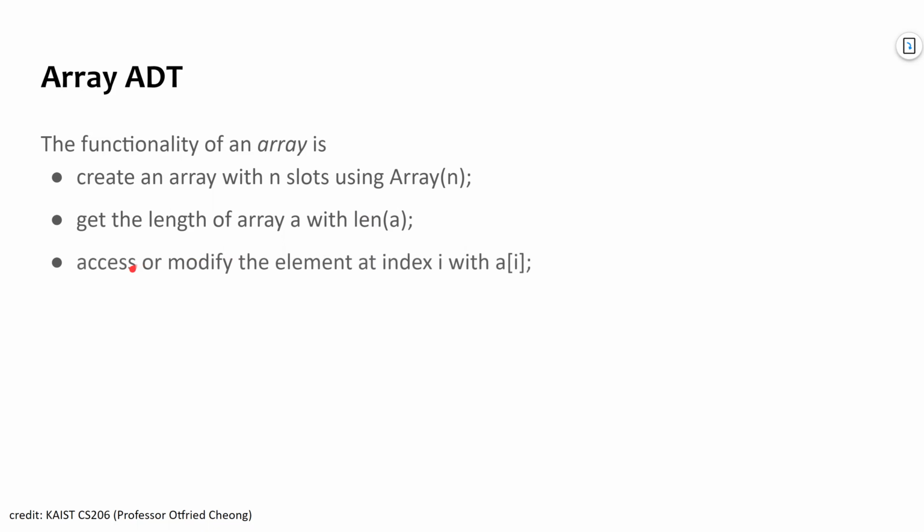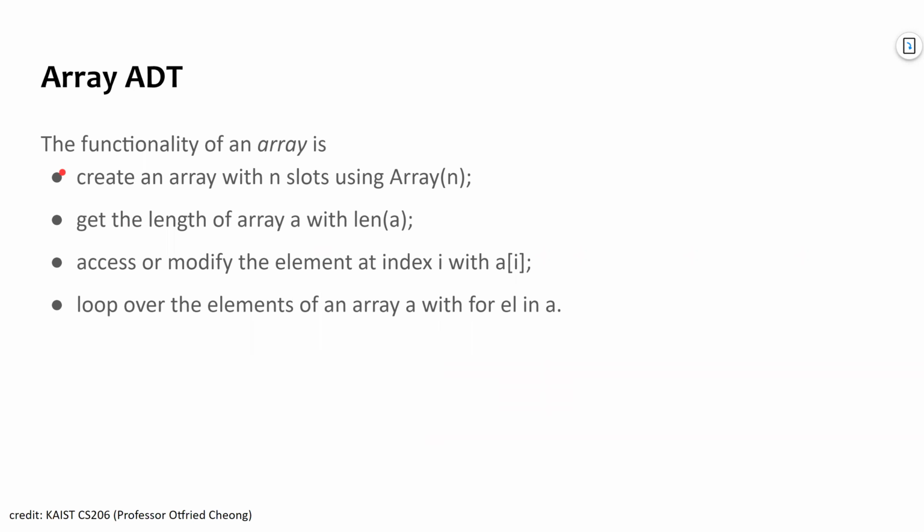And we can access or modify, of course, we need to be able to do this, the element at index i with this operation, bracket i. And because an array contains a number of items, we need to be able to loop over the elements of an array.